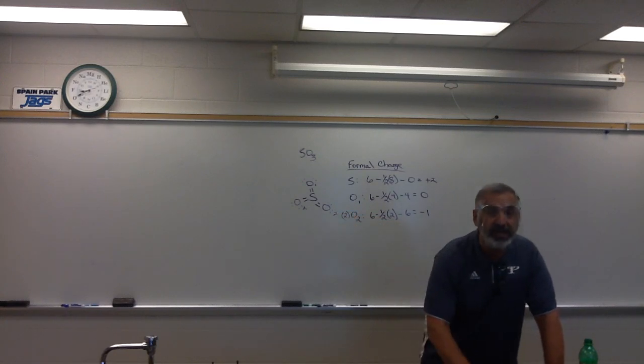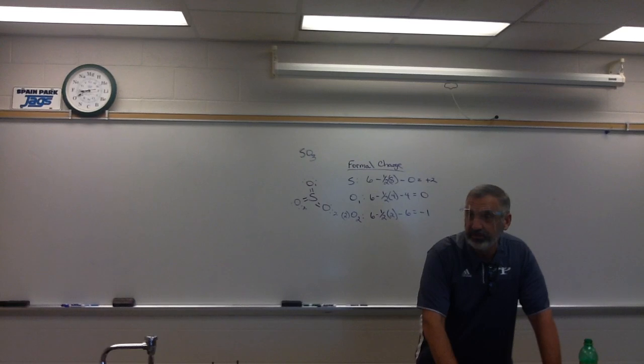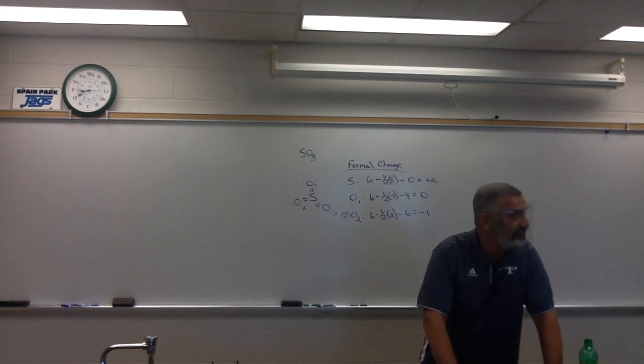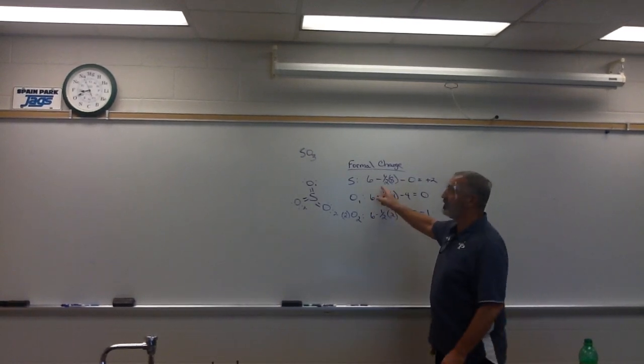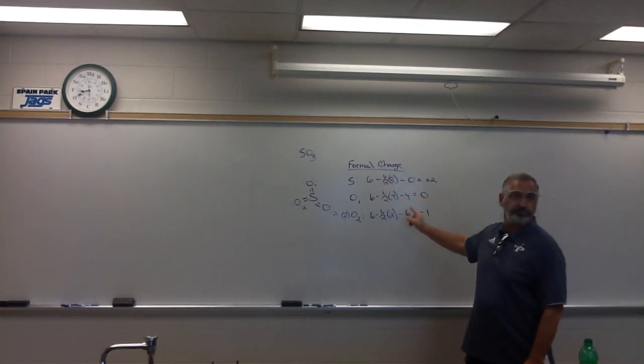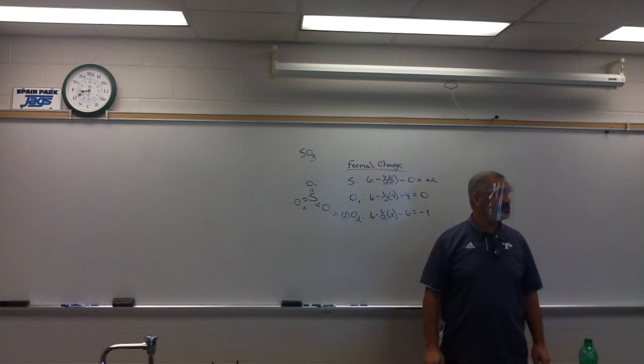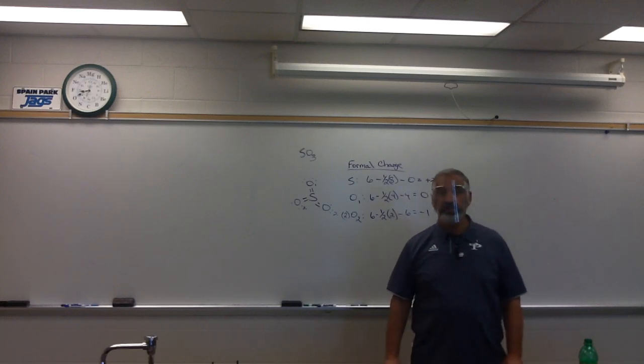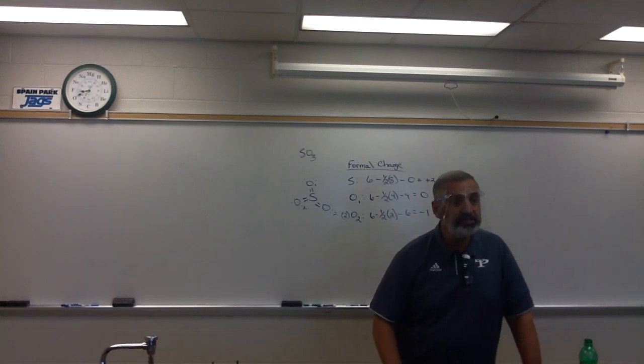Only time you mess with formal charge is when the question specifically asks about formal charge, which is about one question every 3 years. So it's not a super big deal, but you have to be able to remember this formula. That's not on the equation sheet. Any questions on formal charge?